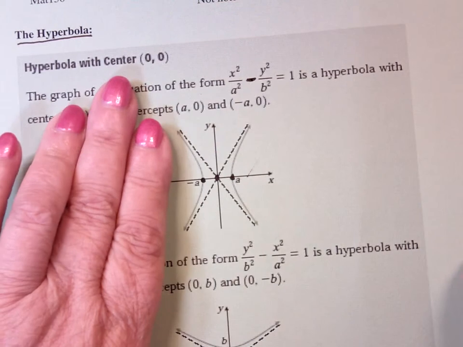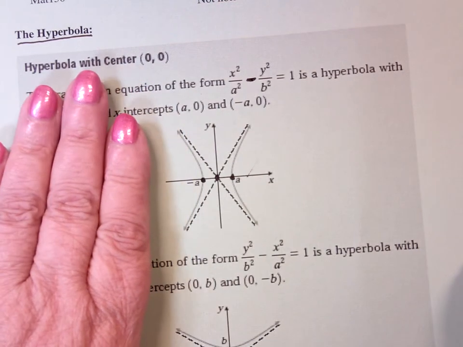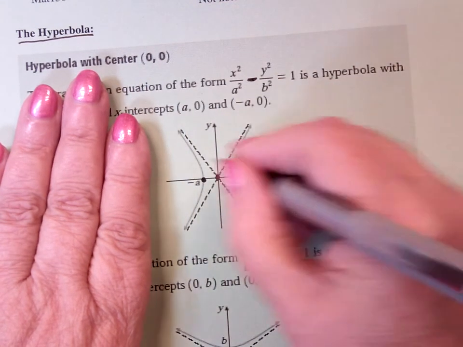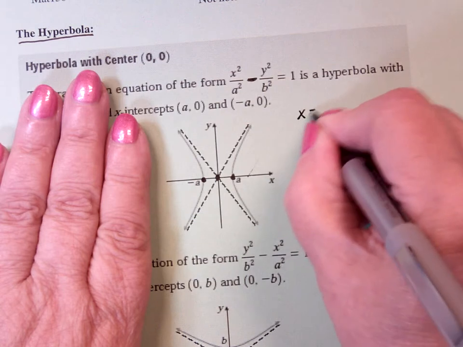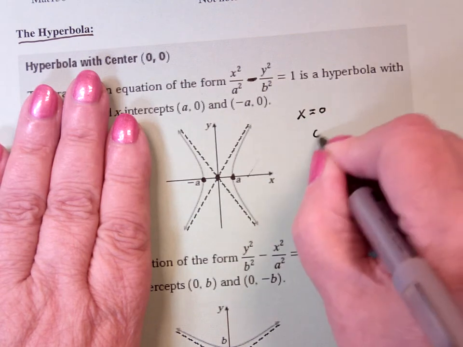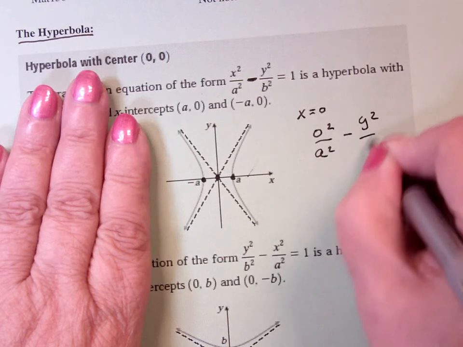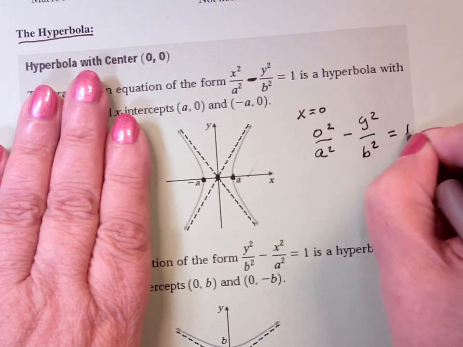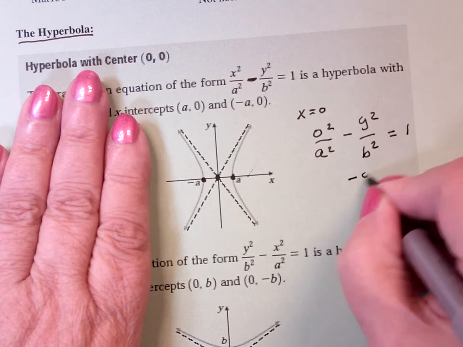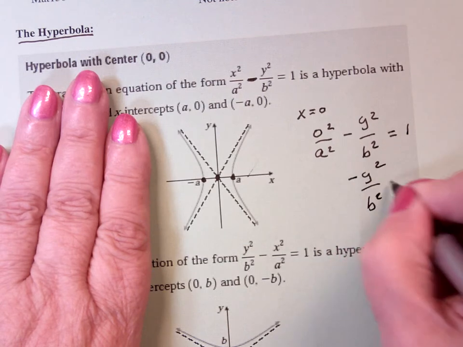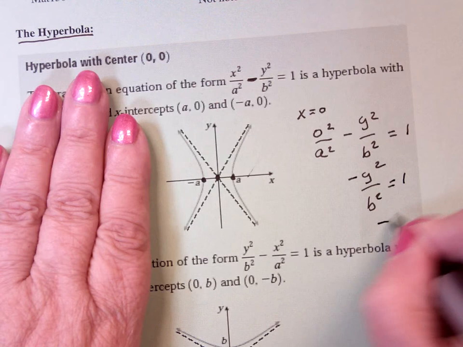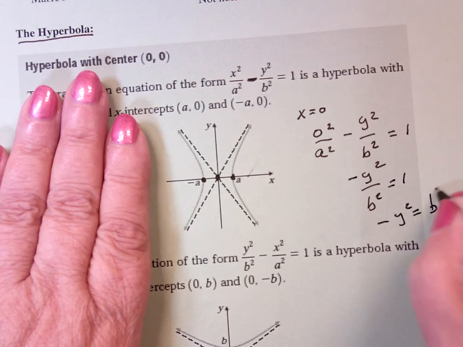And the reason it doesn't cut the y-axis in this instance is, if it cuts the y-axis, x equals 0. So I'd have 0 squared over a squared minus y squared over b squared equals 1, or minus y squared over b squared equals 1. Minus y squared equals b squared. y squared equals minus b squared.